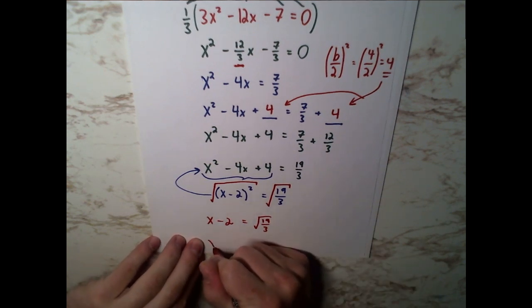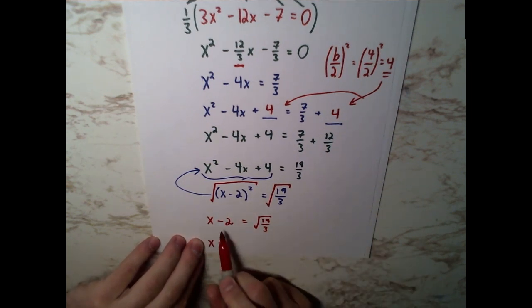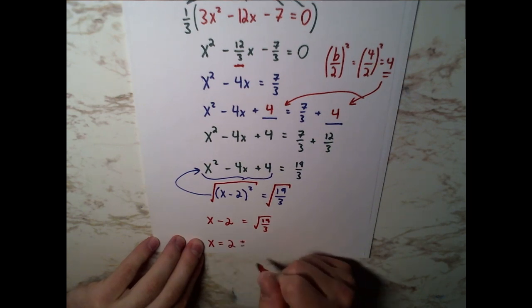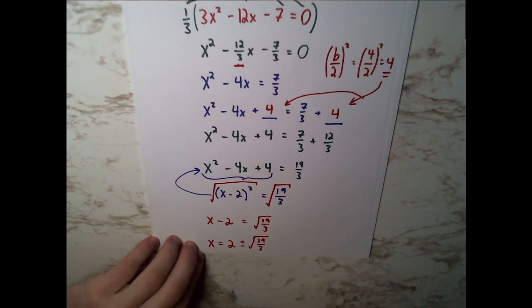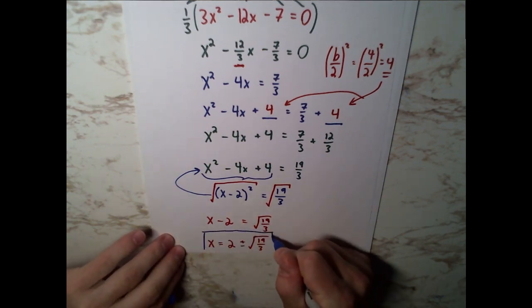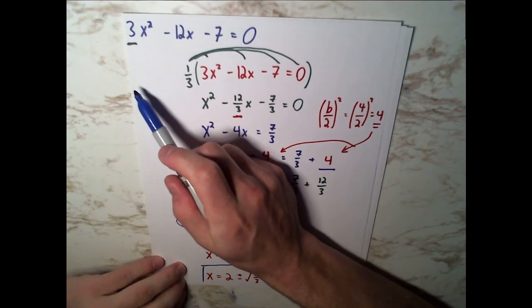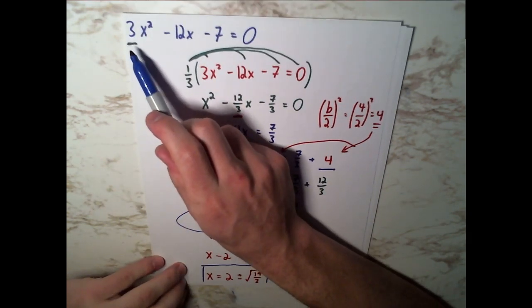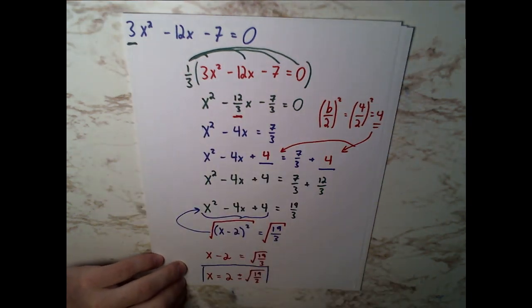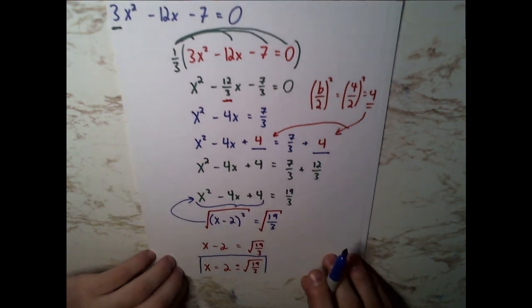So we have to add 2 to both sides, so x equals positive 2 plus or minus the square root of 19 over 3. And that is going to be our solution. So when you have a 3 or any number out in front, it's not too much more complicated. The simplification and stuff is just a little bit more messy.